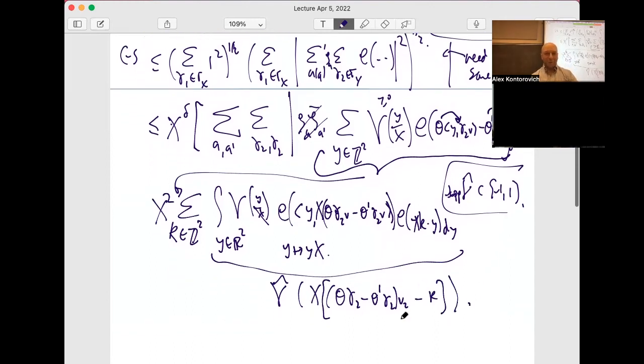And because of the support of the Fourier transform, this is non-zero. Well, I didn't say that it's exactly the support. The support is contained. In order for this to be non-zero, I need that the distance to the nearest integer of theta gamma 2 v minus theta prime gamma 2 prime v exactly is at most 1 over x, exactly as we saw last time. And there's only one value of k for which that can happen.